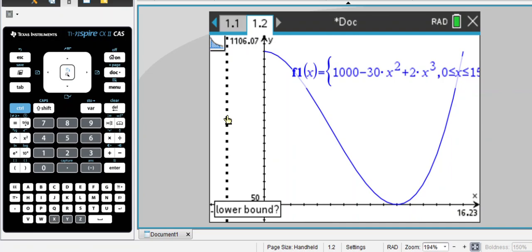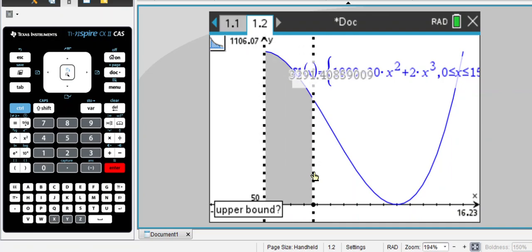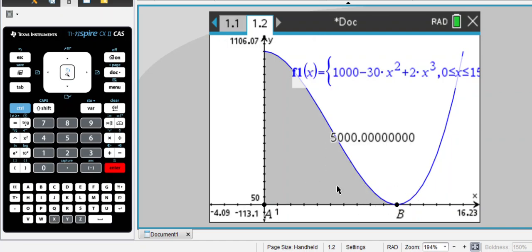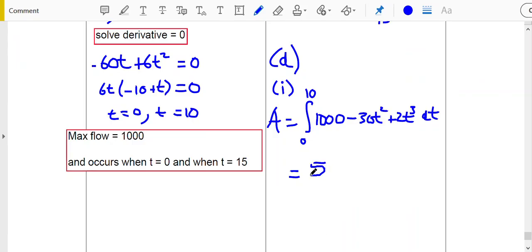The lower bound, just type 0 and press enter. Then it asks for the upper bound, so type 10 and press enter. It shades the correct area, and great, it's a whole number, 5,000. So the area is 5,000.